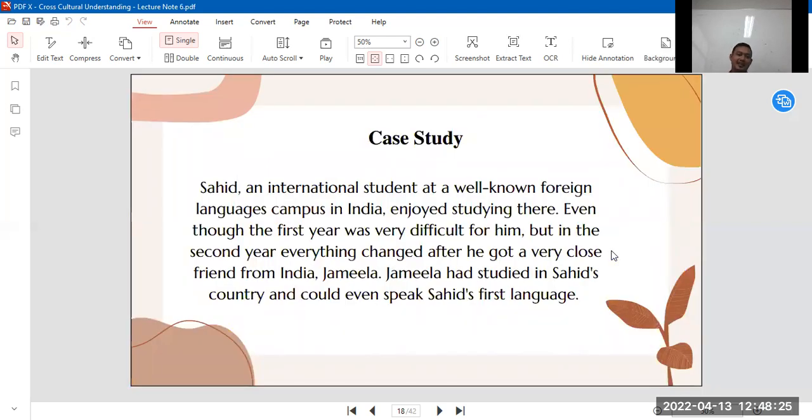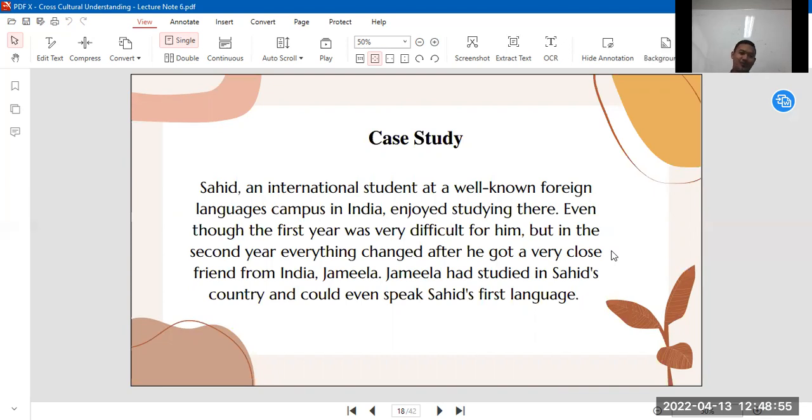Another case study here: Sahid, an international student at a well-known foreign languages campus in India, enjoyed studying there, even though the first year was very difficult for him. But in the second year, everything changed after he got a very close friend from India, Jamila. Jamila had studied in Sahid's country and could even speak Sahid's first language.